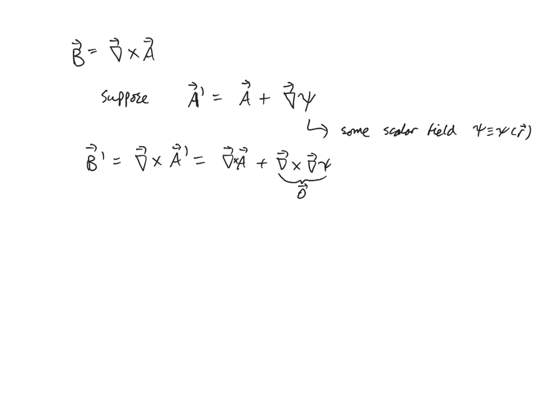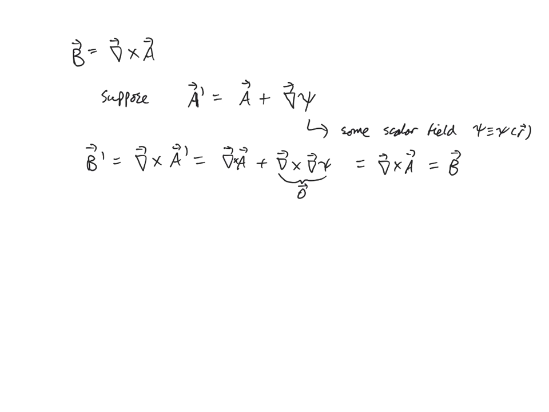The curl of the gradient is equal to 0. So what this tells you is that I can add the gradient of any scalar field to our vector potential, and it will leave the magnetic field unchanged, and therefore the magnetic force would be unchanged, and so on.